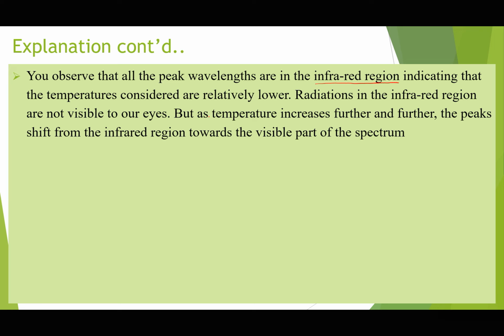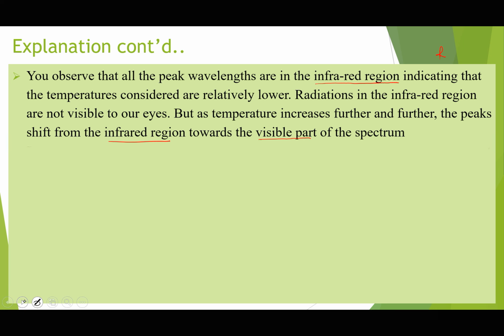But if we were to continue heating and heating, then we would move from infrared to red, where we start seeing colors, because red falls in the visible spectrum. So as the temperature increases further, the peaks shift from the infrared region towards the visible spectrum.